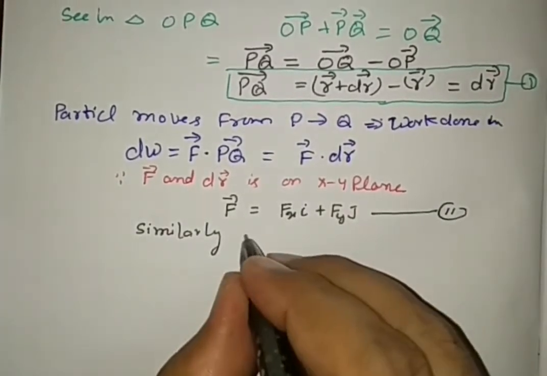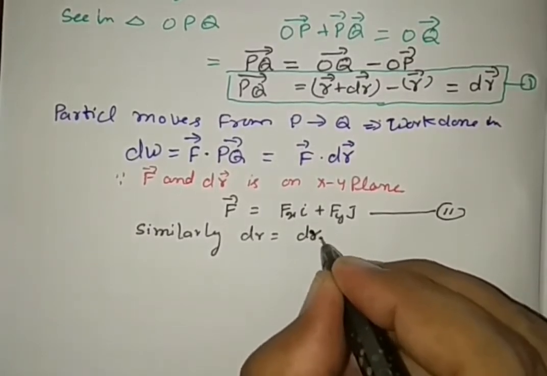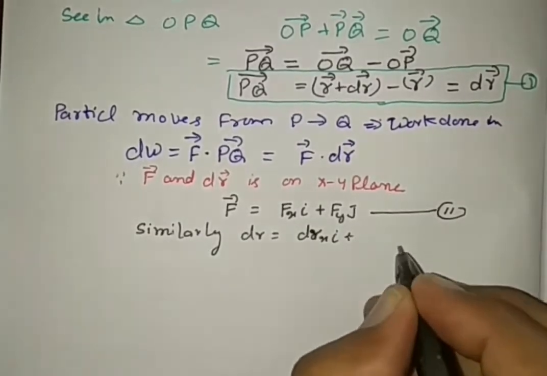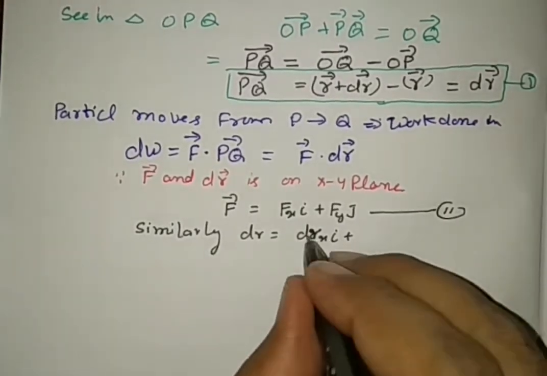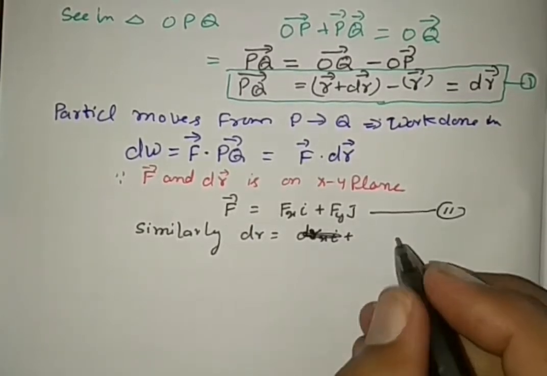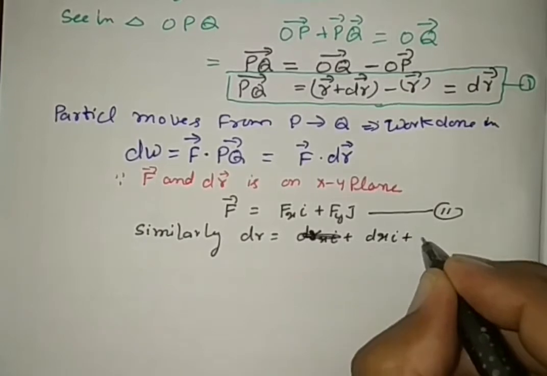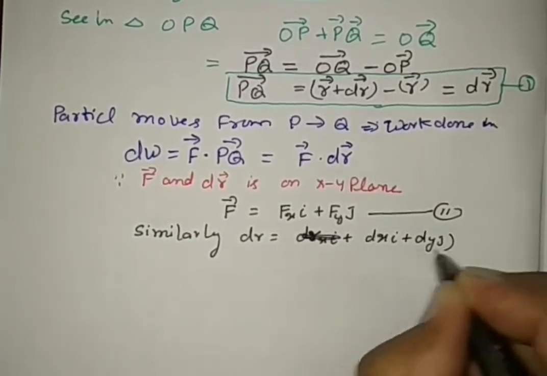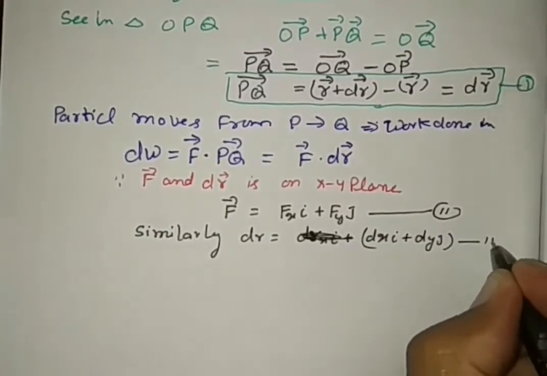Similarly, dr can be written as drx i plus, we may write, what is r, xyz Cartesian coordinate, it is dx i plus dy j. Sorry, this is equation number 3.